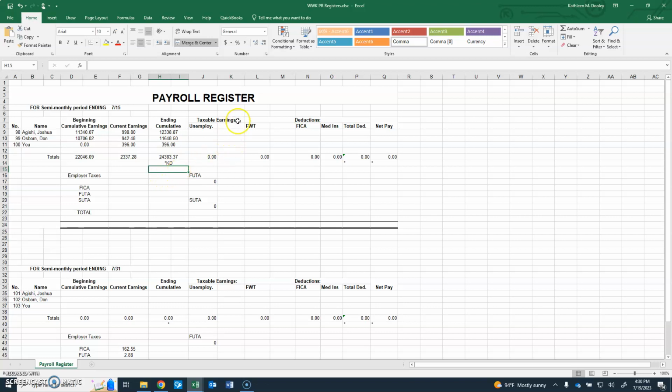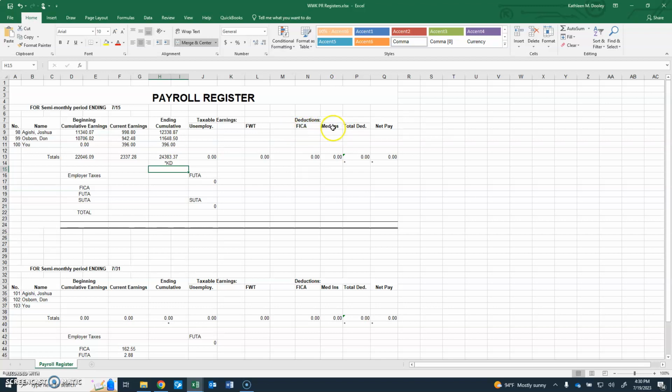Okay. Now I'm going to skip over the taxable earnings part. We'll go on to the deduction section. There's the FWT, which stands for federal withholding taxes, is the same as federal income tax or employees income tax, all means the same thing. FICA includes Social Security and Medicare together, and so that column has to come out.